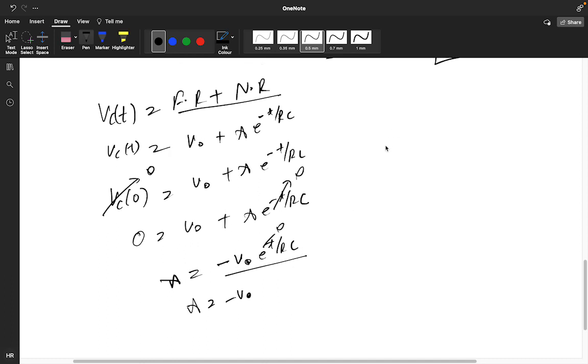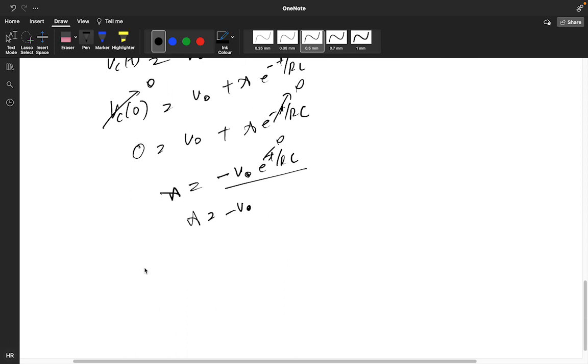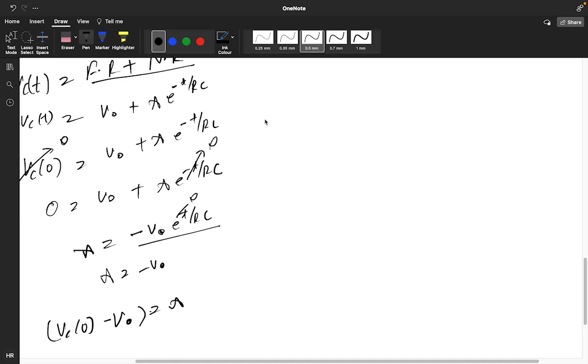So VC of t, you can write like this also: VC of 0 minus V naught is your A value. So A is equal to minus V naught divided by e power t by RC. But I am just substituting t as 0, so e power minus t by RC will become 1.